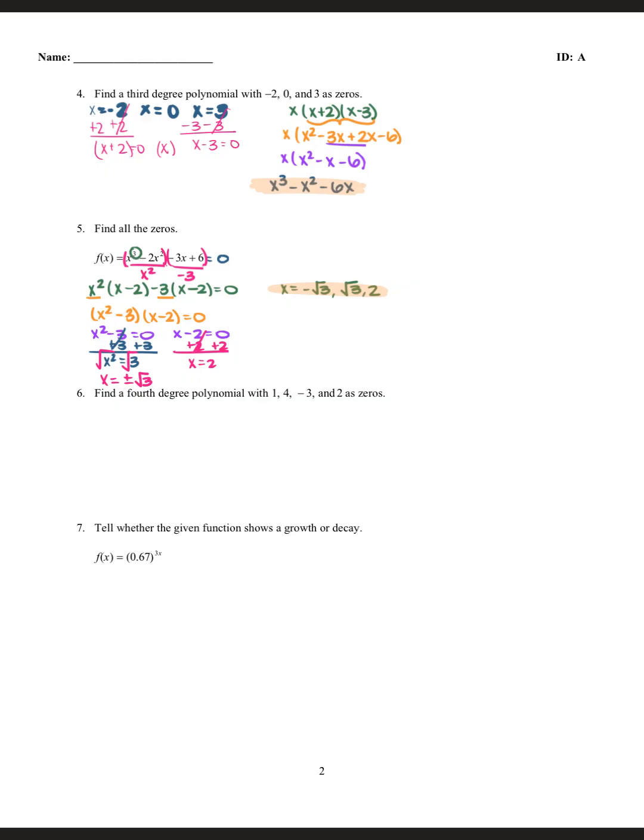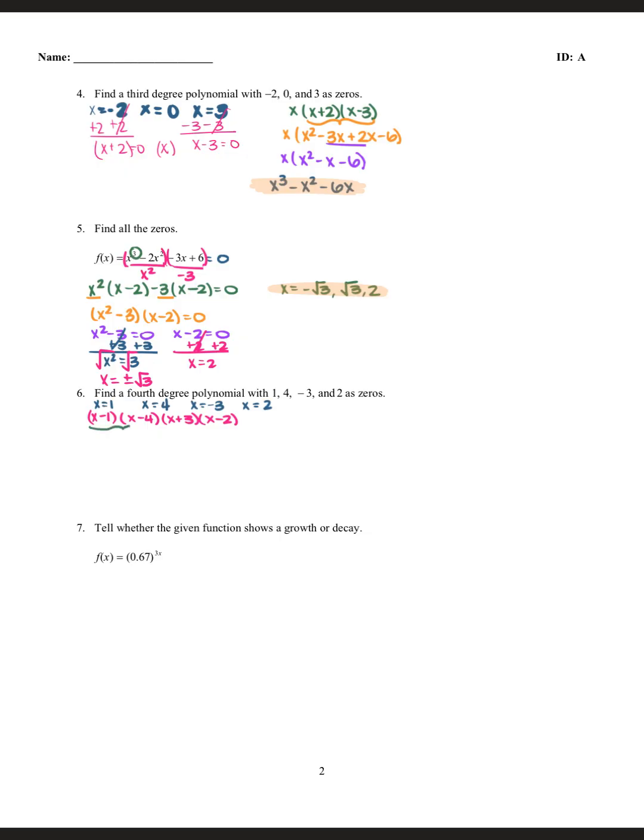For number 6, we're finding the 4th degree polynomial with 1, 4, negative 3, and 2 as your zeros. So just like the one that we did 2 before this, you're going to set your 1 equal to x, your 4 equal to x, your negative 3 equal to x, and your 2 equal to x. You're going to move them all over to where you have x minus 1, x minus 4, x plus 3, and x minus 2.